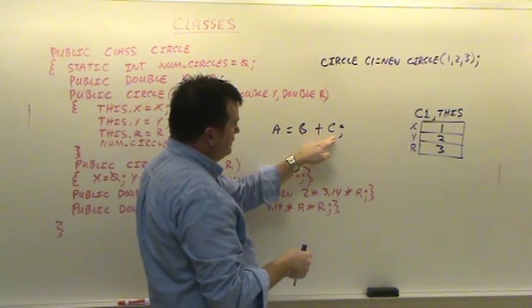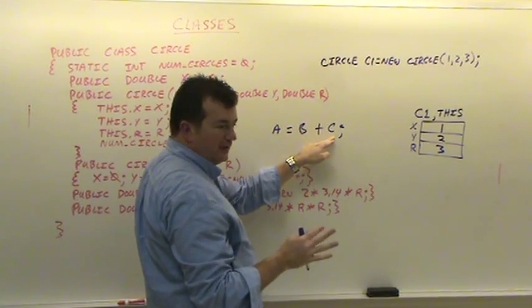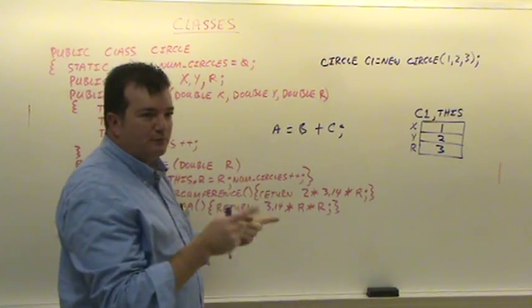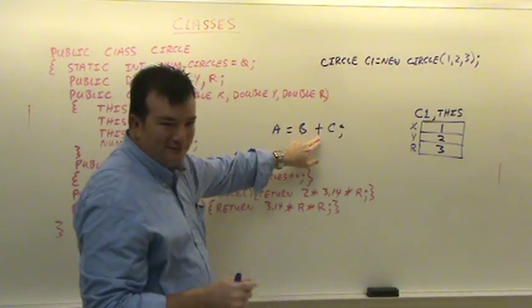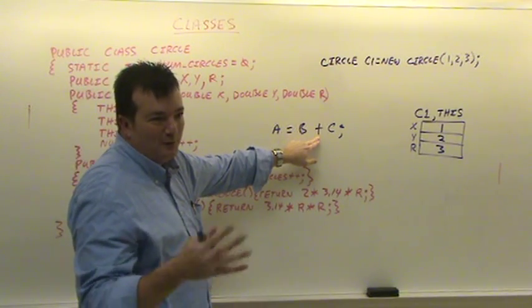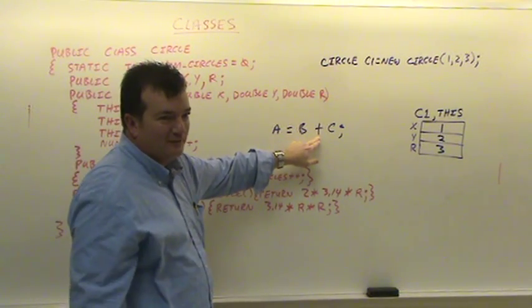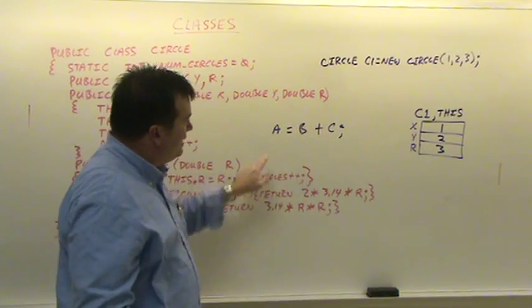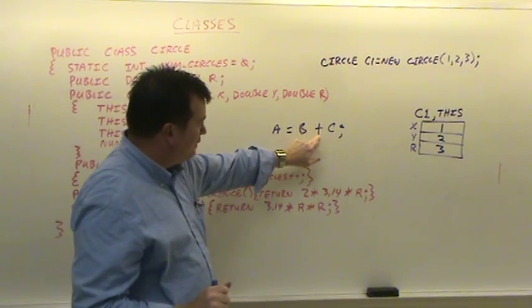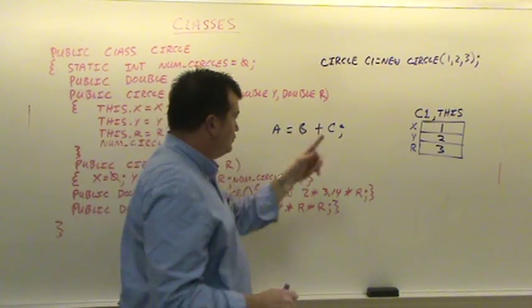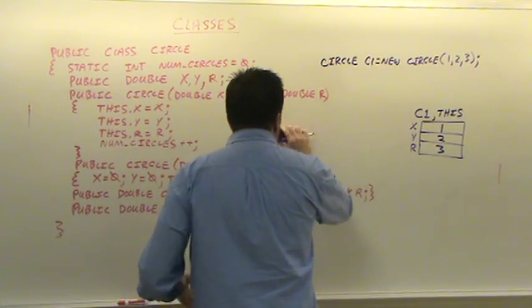If these were both doubles, you can add two doubles together. It's the same function, but it works with different objects. So the plus function, as you know, you can plus many things together. It's not just tied to one type. So this is an example of something you use many times. This is an overloaded function. We're kind of doing the same thing.